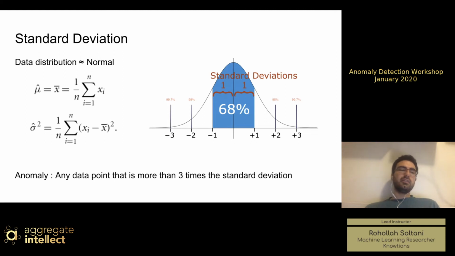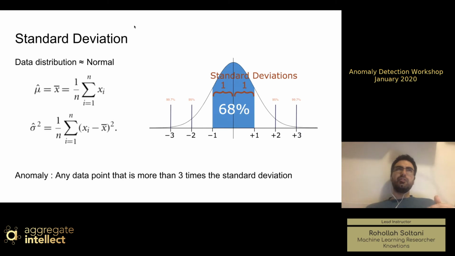And then, as I said, in statistics, if your data is normal, then 68% of the data will be within one standard deviation from the mean. 95% of the data will lie within 2 standard deviations, and about 99.7% will lie within 3 standard deviations.